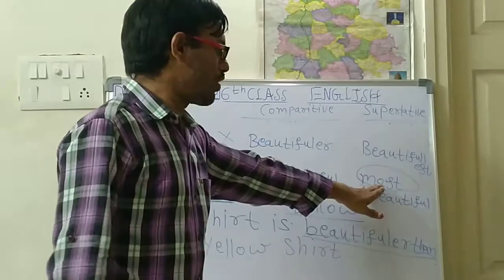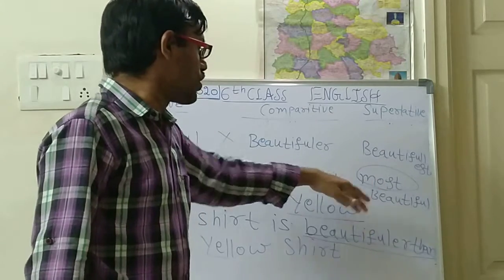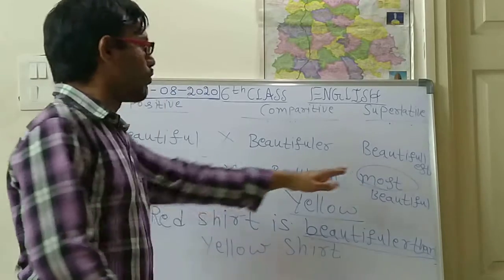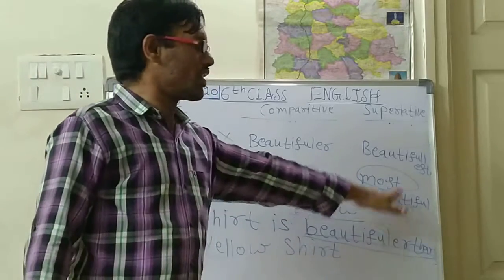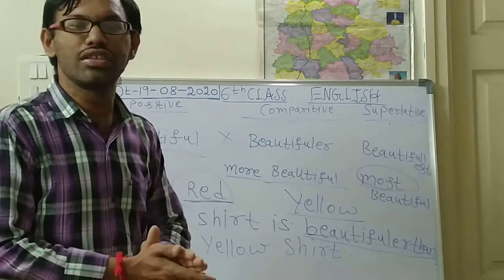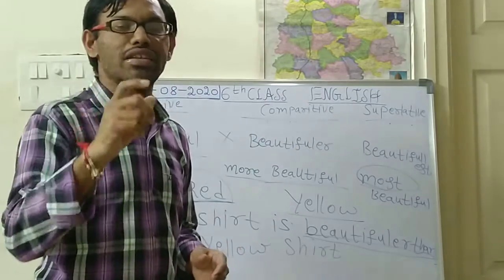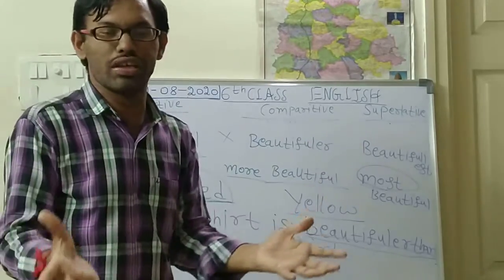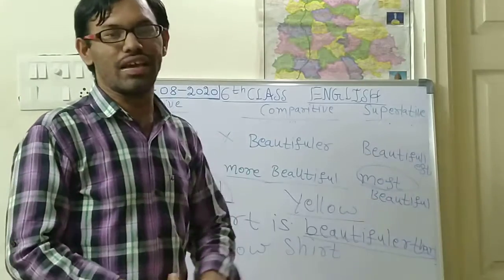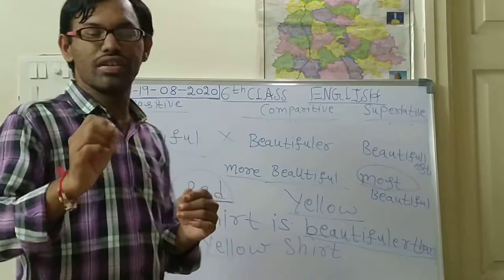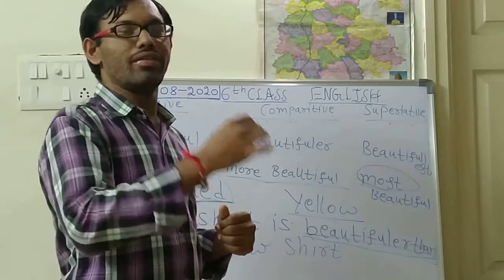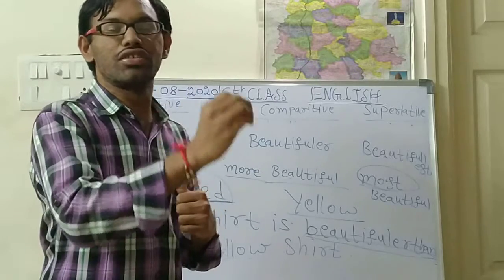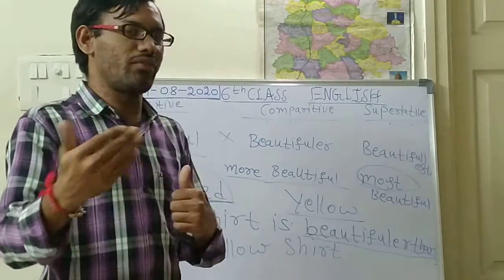At what time will we use "most"? Suppose, see, first of all, what is the superlative? Superlative is selecting the best thing from two or more things. So we will say best. This student is the best student, best student award. So like that we will be saying.